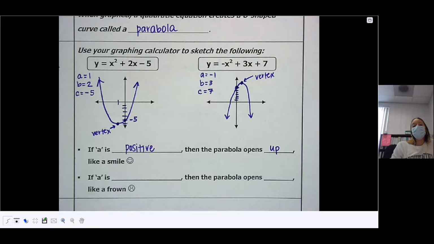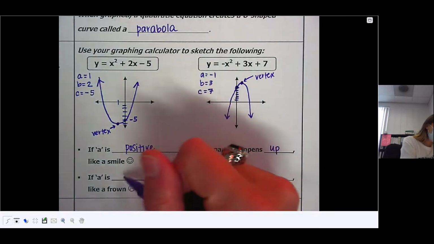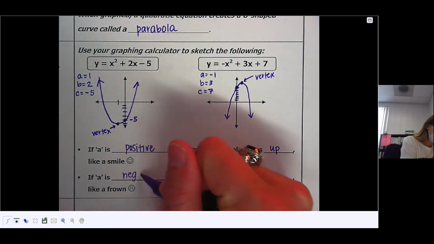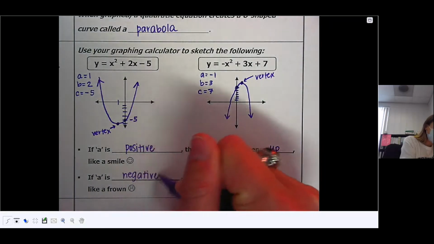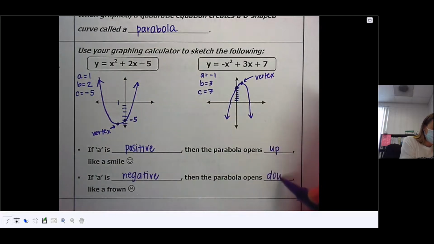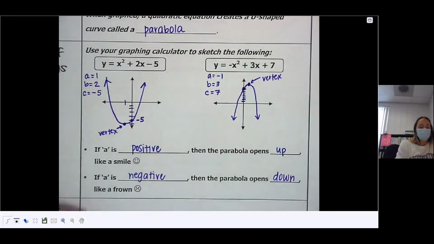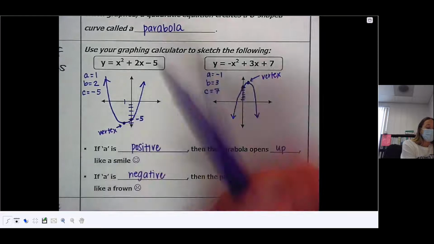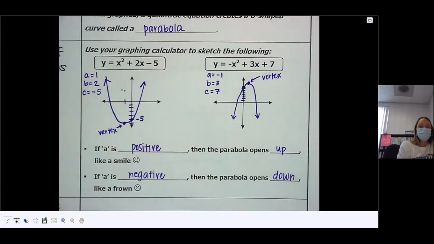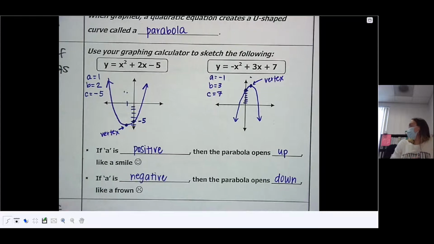If your a is negative, your parabola opens down like a frown. Negative goes down like a frown. So positive a gives you a smiley face. Negative a gives you a frowny face. Easy peasy.